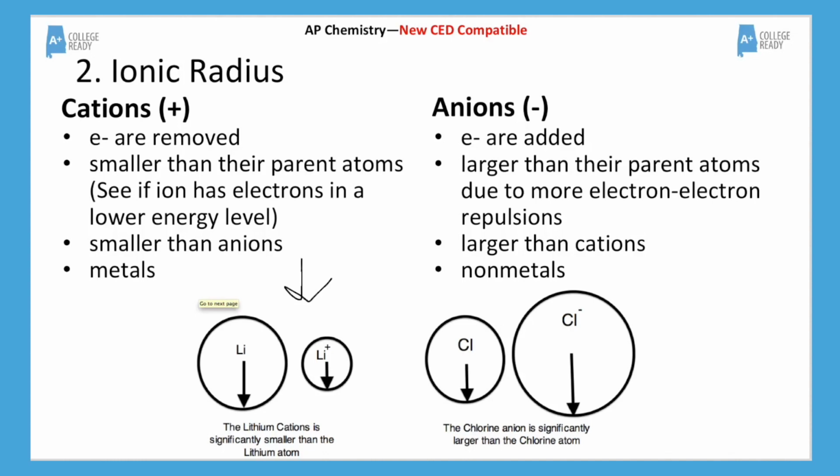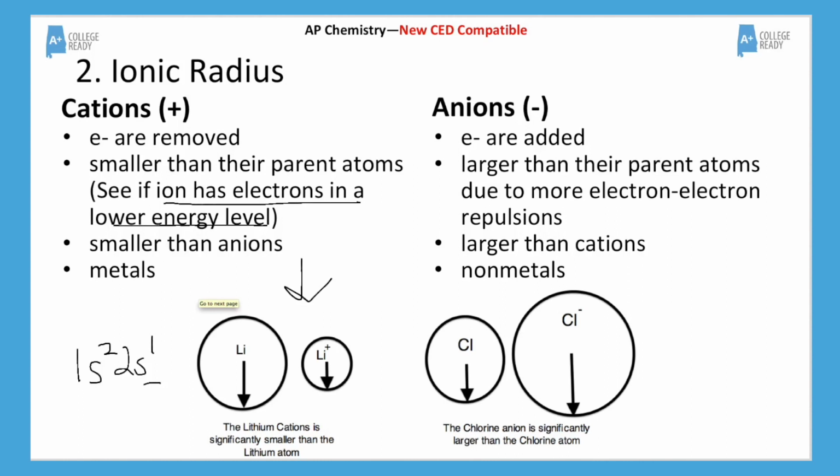So let's think, why would this be so? And notice in parentheses it says the ion has electrons in a lower energy level. So if we go back to our electron configuration from one of our previous slides, that's the lithium atom's electron configuration.